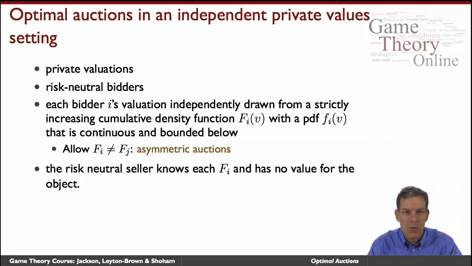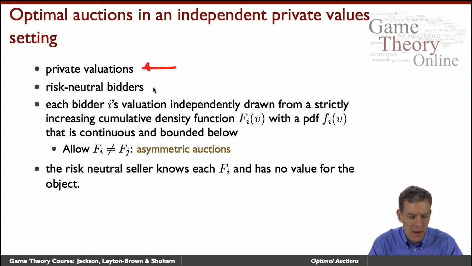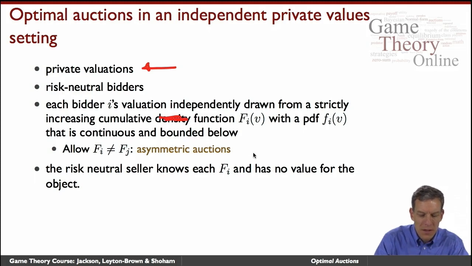So what kind of setting are we going to look at? We'll keep things relatively simple in terms of the structure. So one good to be sold, private valuations, so each buyer has some value for the good. They're each risk neutral. The bidder's valuation is going to be drawn from a nice distribution, a cumulative distribution function.